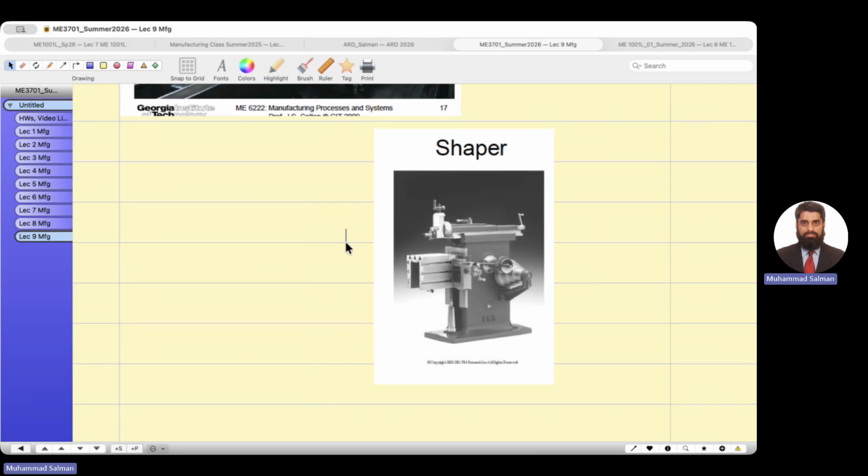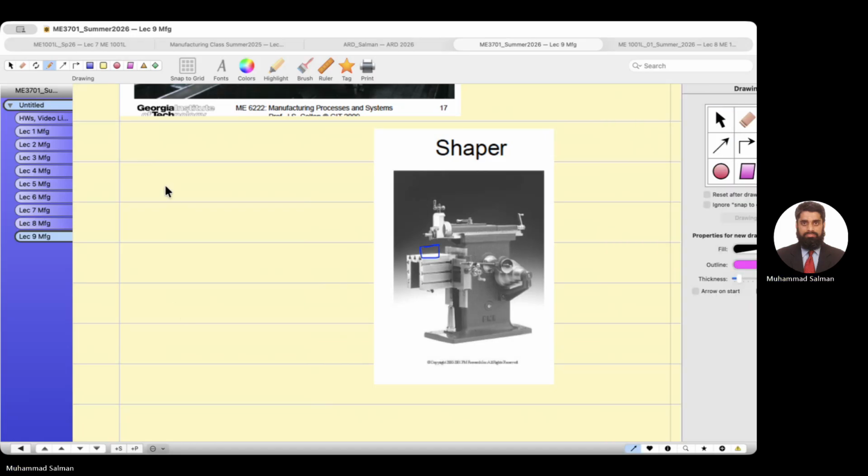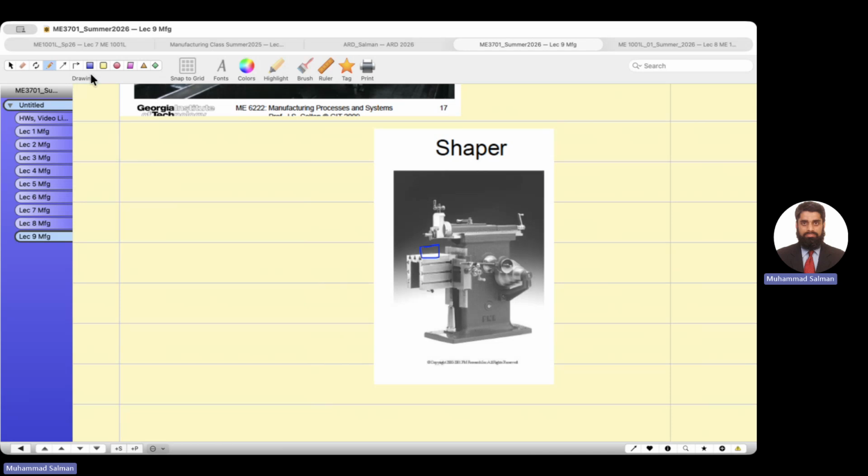What happens is the workpiece is placed over here. Let me change the color here. And the tool comes down, and this is the guides. The tool moves back and forth, and the table goes in the z-axis, and makes a workpiece of the required dimension.